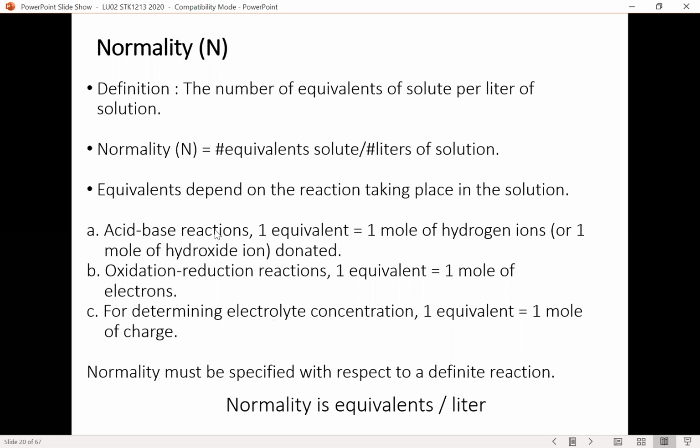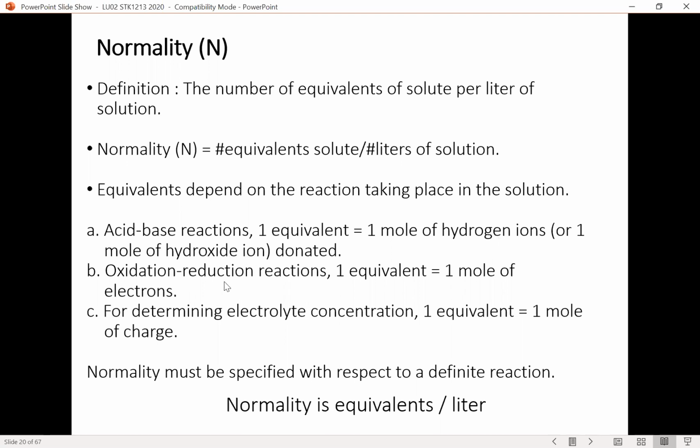For acid-base reactions, when we deal with acid, one equivalent means 1 mole of hydrogen ions, because we know the active part of an acid is the hydrogen ions. In an acid-base reaction, one equivalent is 1 mole of hydrogen ions in acid or 1 mole of hydroxide ions in the base.